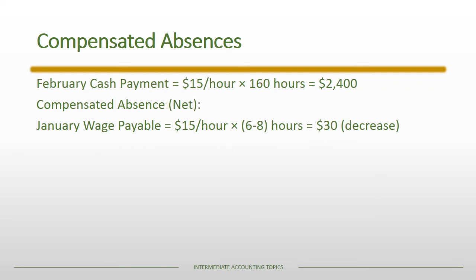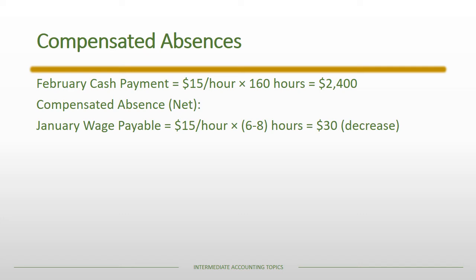And so in February, the same cash payment. They're paid for the 152 hours that they work, plus the 8 hours of paid vacation that they use. So they're still paid for 160 hours of work, essentially for $2,400. Where it's a little different is with the compensated absence. Because they still worked 152 hours, they would have earned an additional 6 hours of paid vacation, but they used 8 hours of paid vacation.